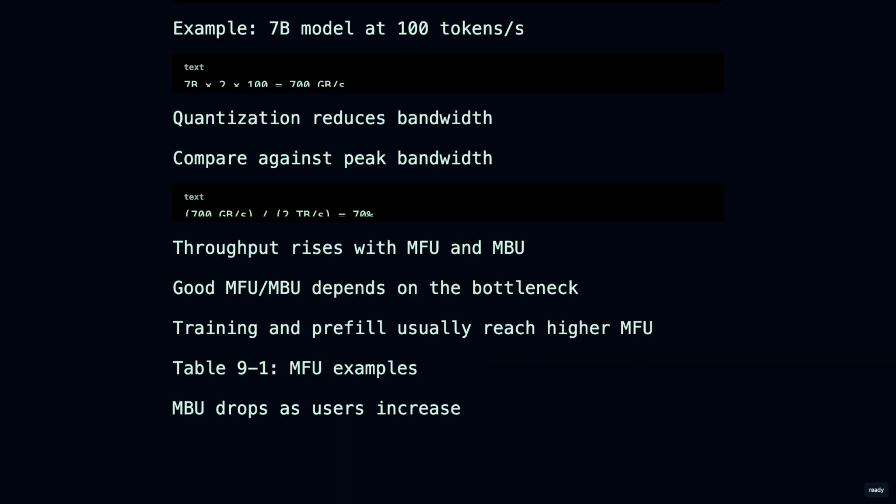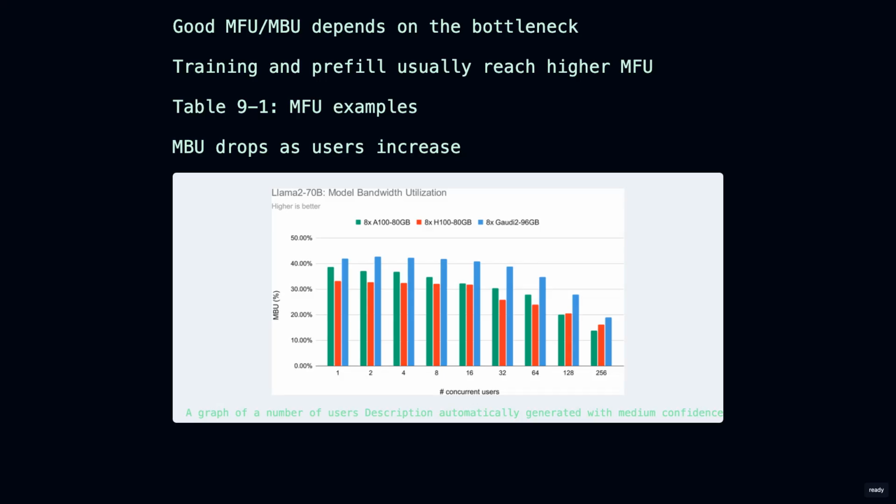This example shows how bandwidth utilization can change as concurrency grows. More users can shift the system from being bandwidth-bound toward being limited by compute. Notice the downward trend across the hardware options as concurrency changes.